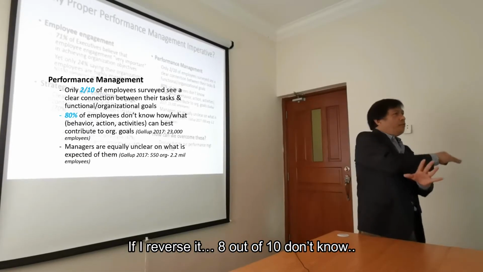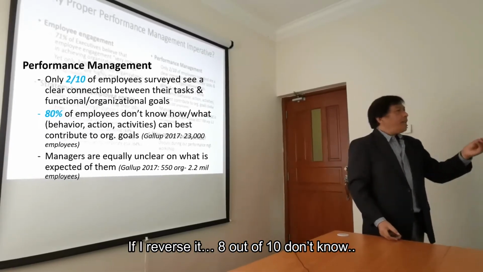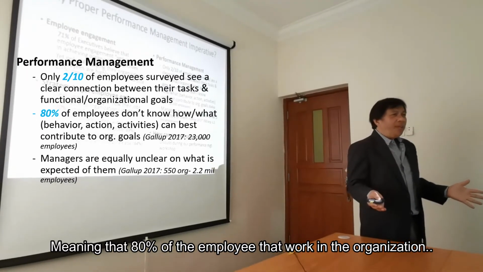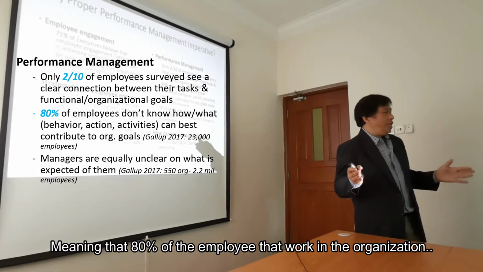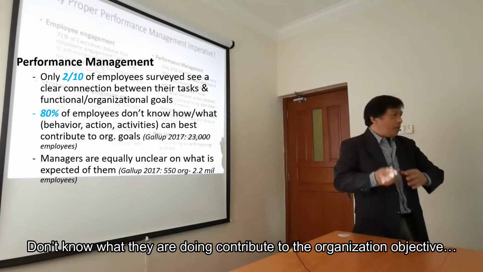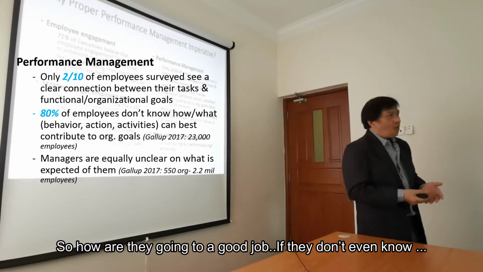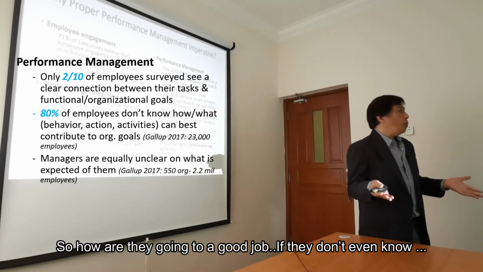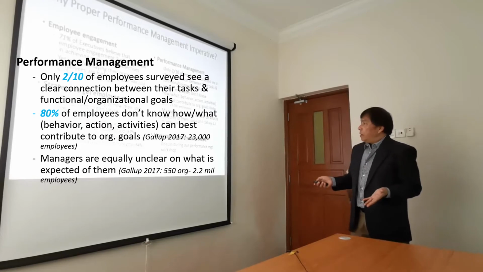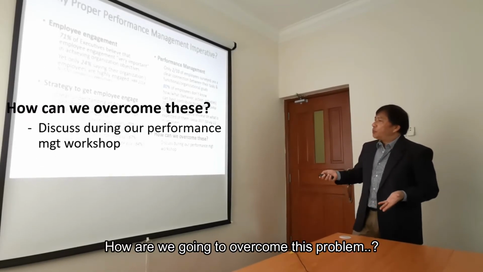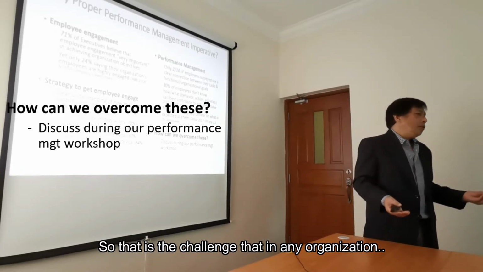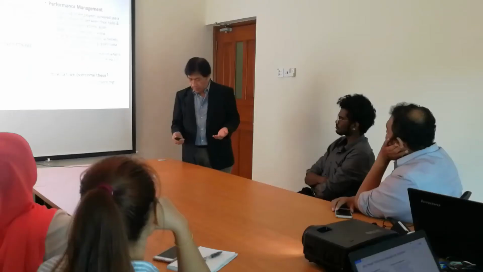If I reverse it, 8 out of 10 don't know. Meaning that 80% of the employees that work in the organization don't know that what they are doing actually contributes to the organization's objective. So how can they do a good job when they don't even know what they are contributing to? Alright? How can we overcome this problem? So that's a challenge in any organization to do with performance management.